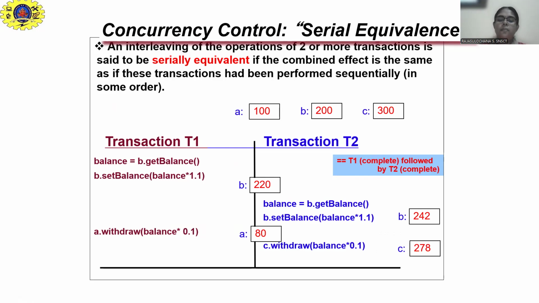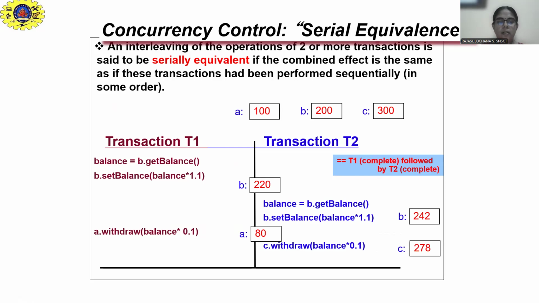Transaction T2 gets the balance of account B. It is 220 and it sets balance to balance times 1.1. Now it becomes 242. Now transaction T1 withdraws from A, balance times 0.1, around 20 rupees. Now the balance becomes 80 rupees; 100 minus 20 is 80. Now transaction T2 withdraws from C, so 300 minus 22 becomes 278.